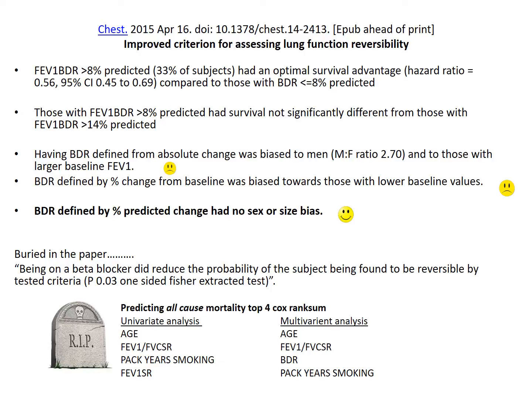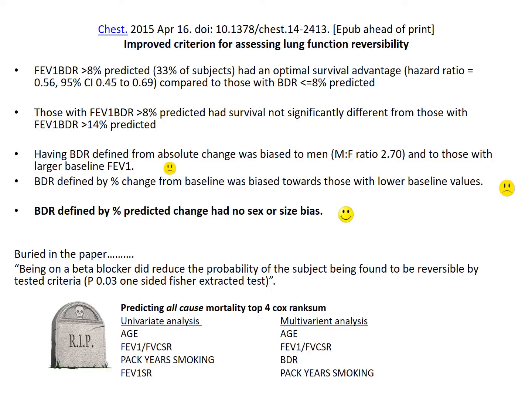I should also say this paper is interesting. I always have trouble finding anything about the role of beta blockers and bronchodilator reversibility testing. Buried in this paper, because they knew the status of the person having the test and the bronchodilator response, they've said being on a beta blocker did not reduce the probability of the subject being found to be reversible by the tested criteria, with a p-value of 0.03 using a one-sided Fisher exact test.